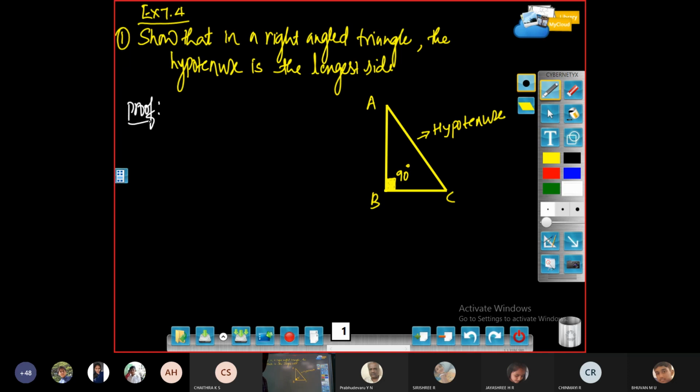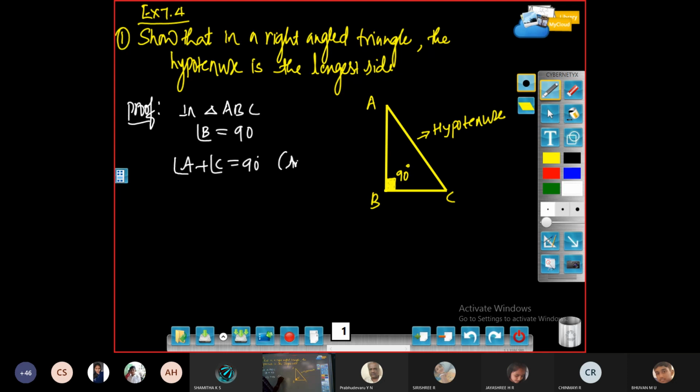Student: First we have to show that in that right angle triangle, the 90 degree is the largest angle. Very good, very good. So we have to show that the 90 degree is the largest angle here. See, in triangle ABC, we have angle B equal to 90 degree, means A plus C must be equal to 90 degree.